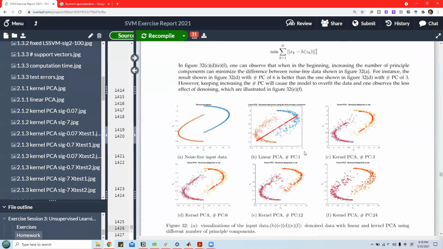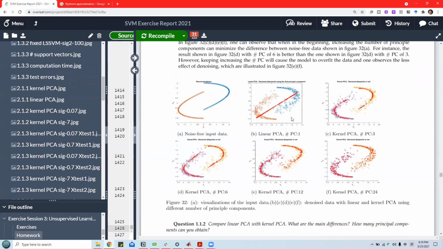Yeah. So just use this plot as an example. Let's say this is your input data, and I don't know how many points we are getting. Once you are done with your PCA, you just compare the data you are getting from here and what is the difference between those two.